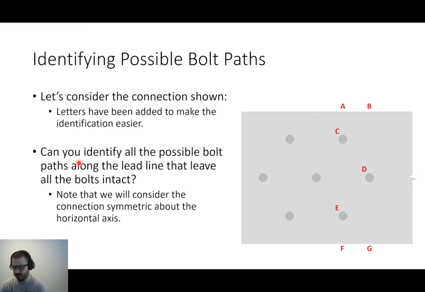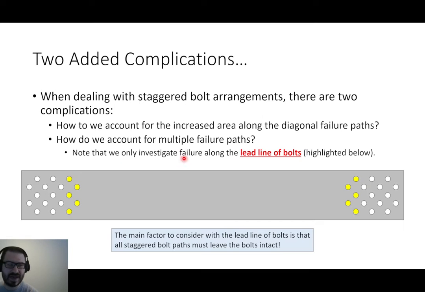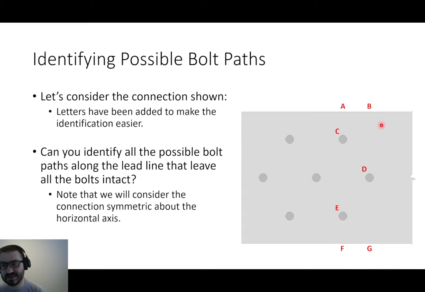Now, going into identifying potential bolt failure paths, I want to look at this connection. To give you the analogy, imagine we were looking at a connection on the left side. You can see over here I've got this break line, which means that the rest of the member is going along this side of the tension member.